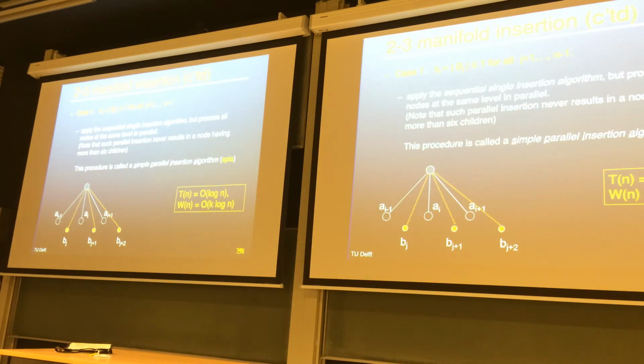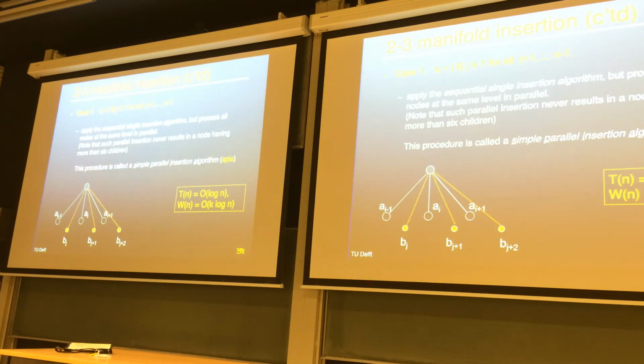Why? Well, suppose here we have the situation that we have the leaf intervals AI minus 1, AI plus 1, and here is AI plus 2. Now, they all belong to a single parent. Bj has to be inserted here, Bj plus 1 there, and Bj plus 2 here.